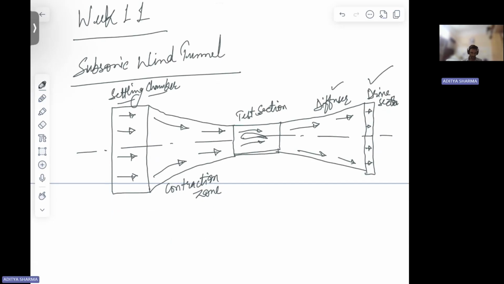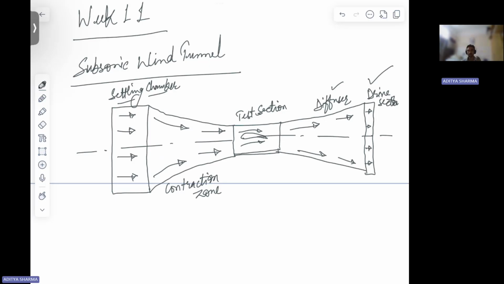You have a settling chamber, then a contraction zone, a test section, a diffuser, and then a drive section. At the drive section, you're going to have a fan that is going to drive the flow into the wind tunnel.